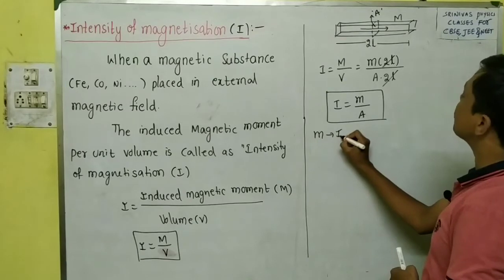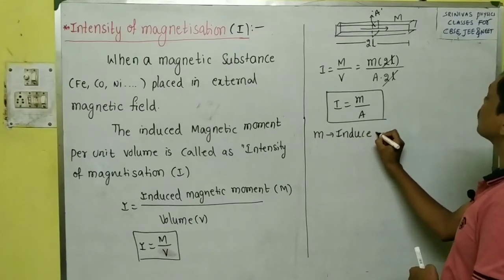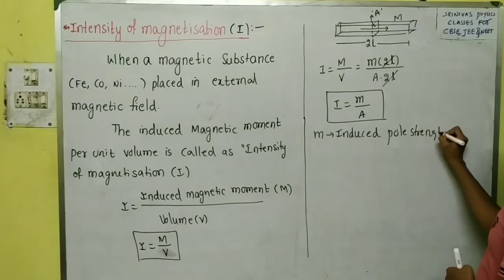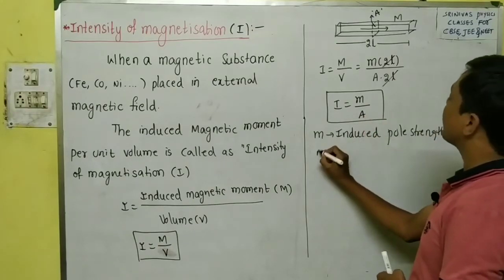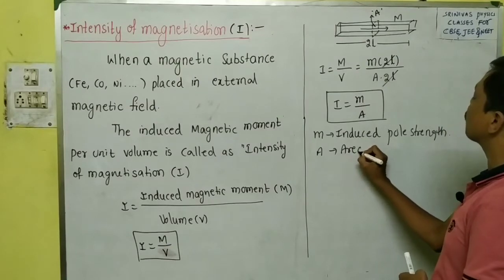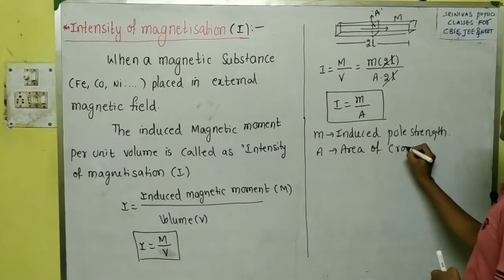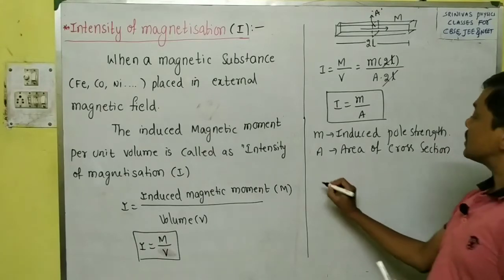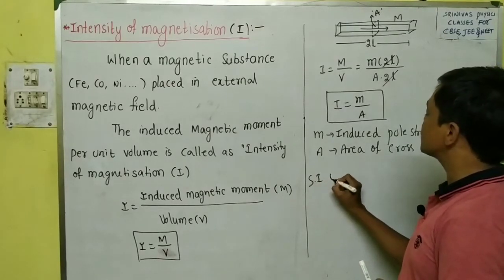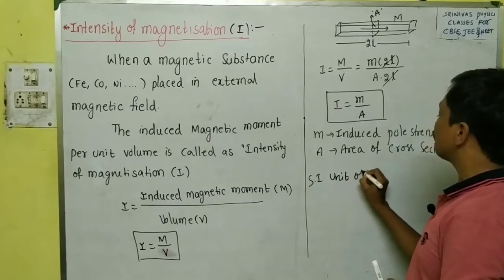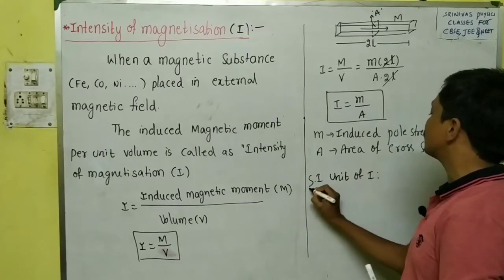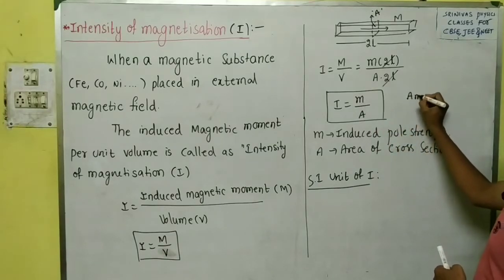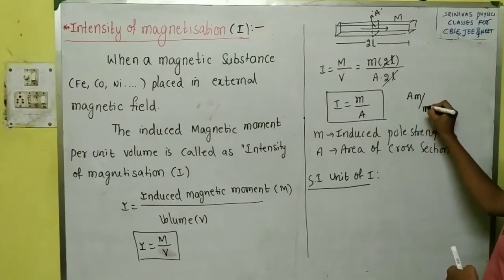So what is M? Induced pole strength by area. What is capital A? Area of cross section of the magnetic substance. Now, the SI unit of capital I: the pole strength unit is ampere meter, and the area unit is meter square.